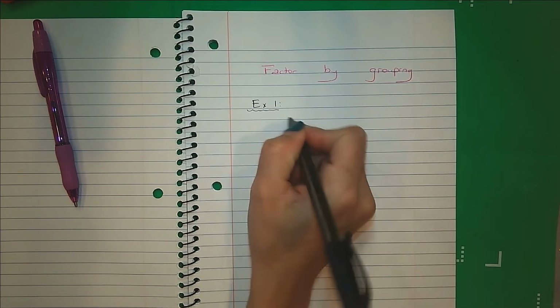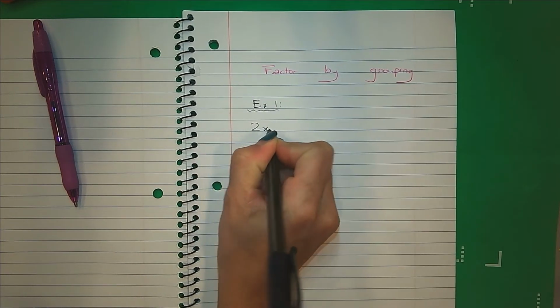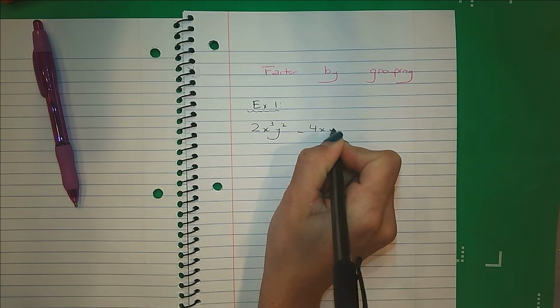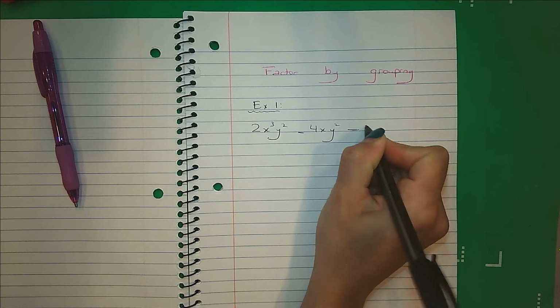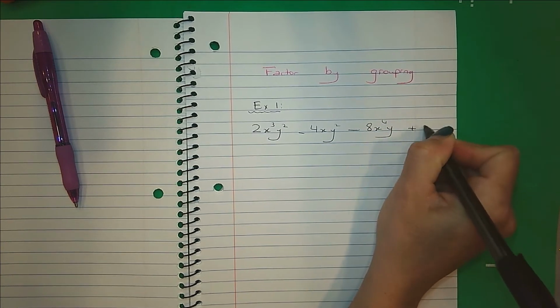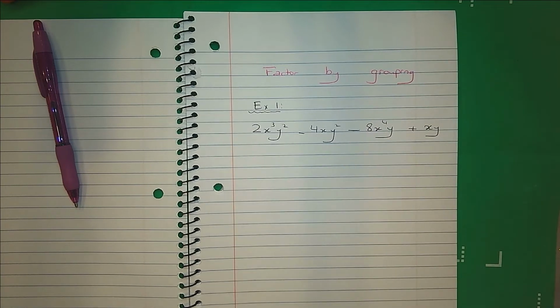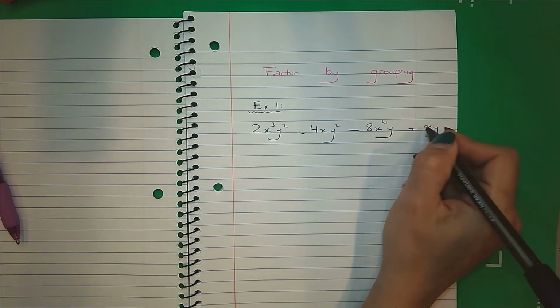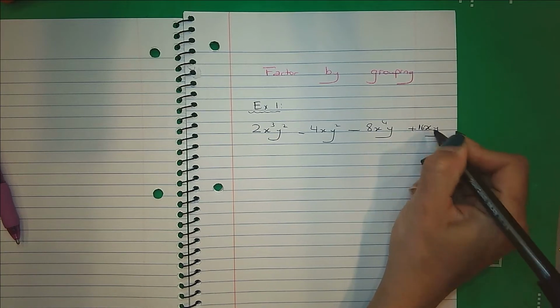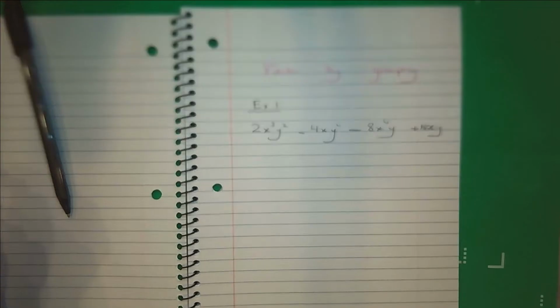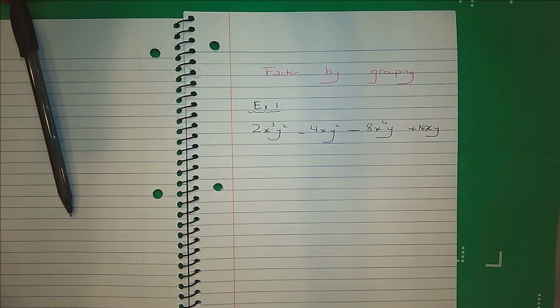All right, so example one is going to be 2x cubed y squared minus 4x y squared minus 8x to the fourth y plus... I'm sorry, it should be 16xy. So the first thing I'm going to be looking at right here is the terms.